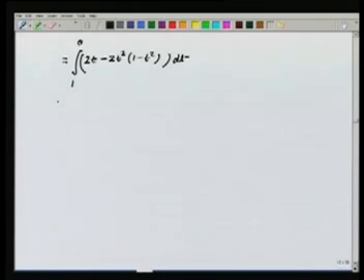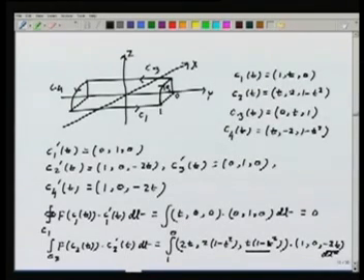Now this integration can be easily calculated, and I leave it as an exercise, that it will turn out to be minus 11 by 15. Check this. Okay. Then C2 has been taken care of.